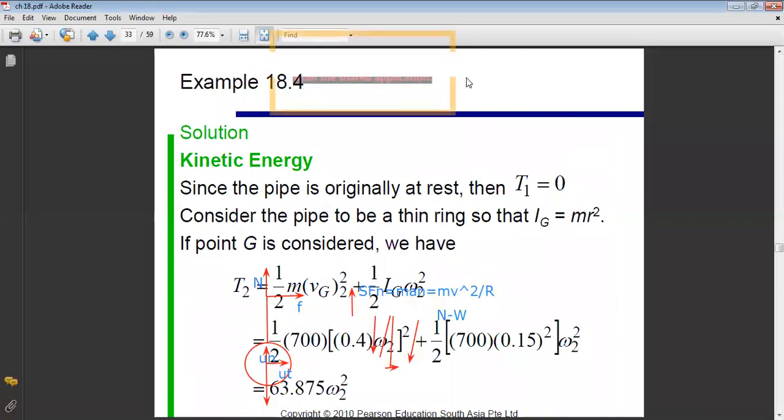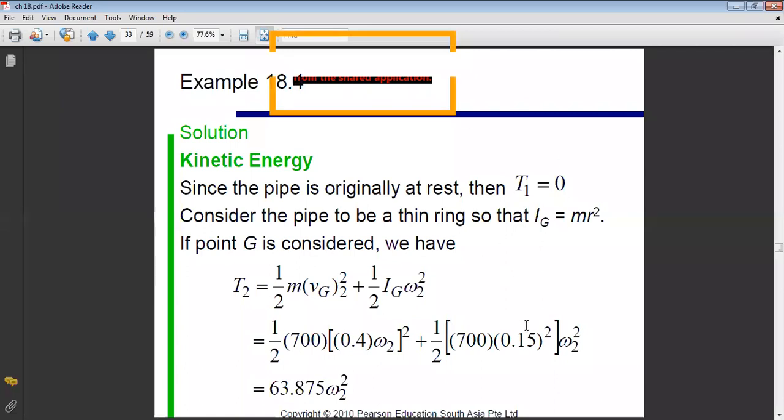Now how to calculate T2 here? Here you have two possibilities to solve this problem, because you have rotation about a fixed point.